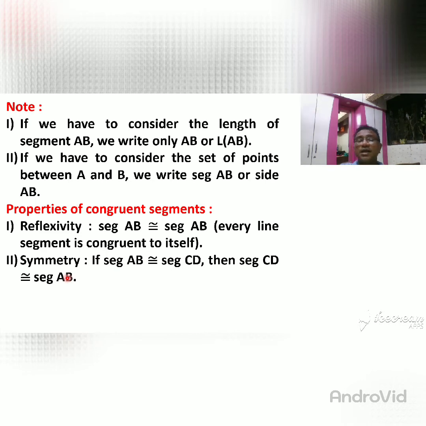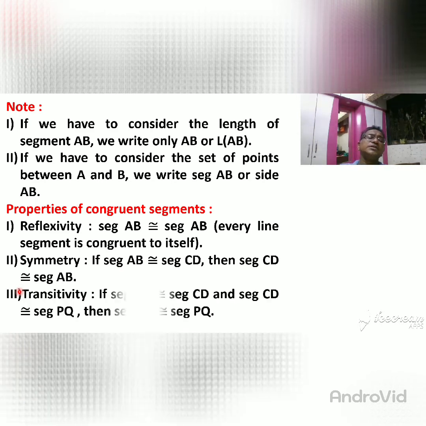This is called symmetry. So the first segment AB is congruent with the second segment CD, then the second segment CD is congruent with the first segment AB. This is called symmetry, and that is also seen with the help of the diagram.